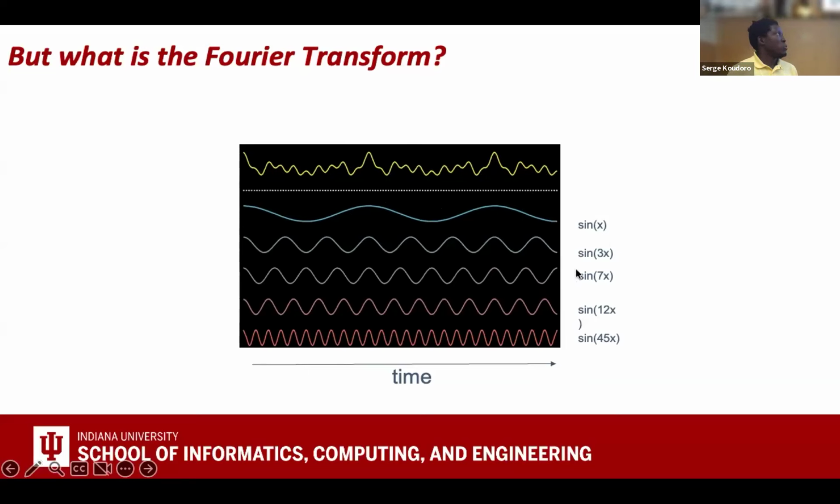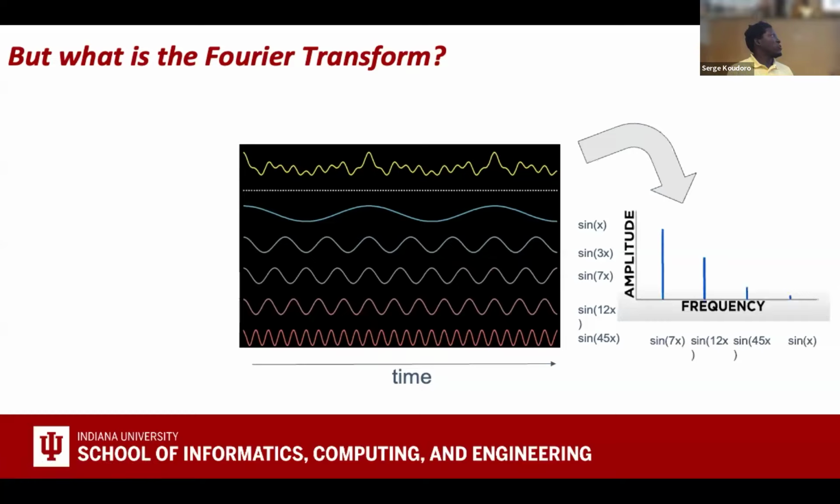So you have a bit of battery, a bit of guitar, etc. Multiple instruments, and when you apply the fast Fourier transform, you just change the space. You say, before I was in a time space, and I want to get the representation in a frequency space.